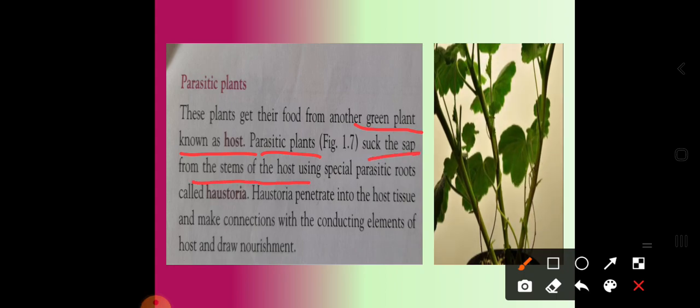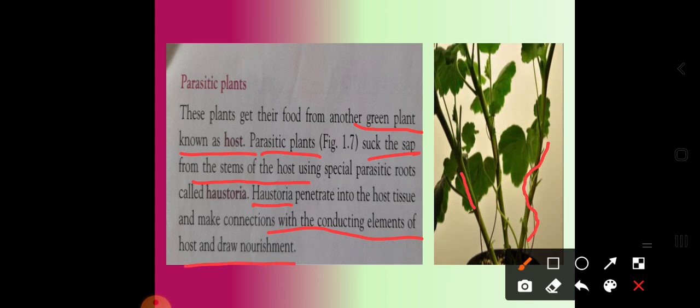Dear students, you can see here how the green plants are taking their food from another green plant. You can see how they suck the sap from the stem. You can take the example of the pumpkin. They are depending upon another green plant. The haustoria penetrate into the host tissues, make the connection with the conducting elements of the host and draw nutrition.